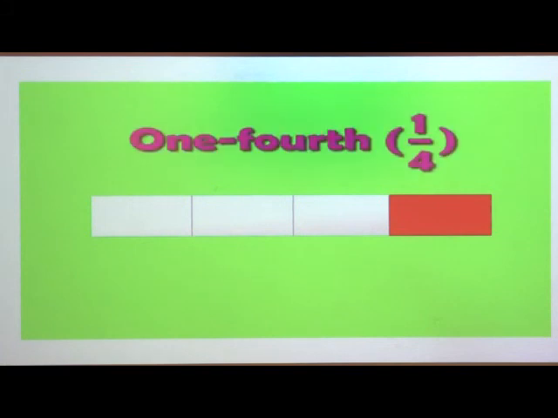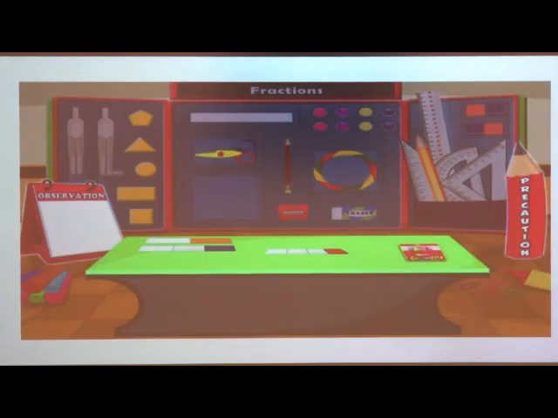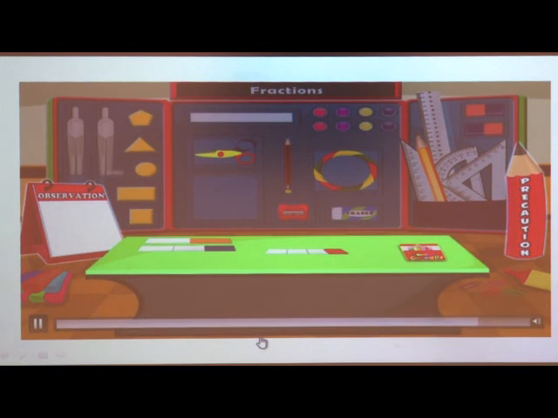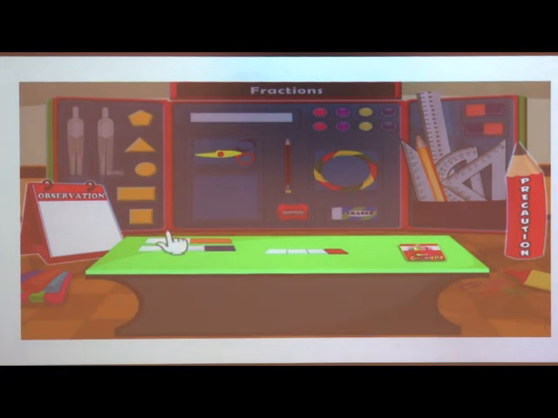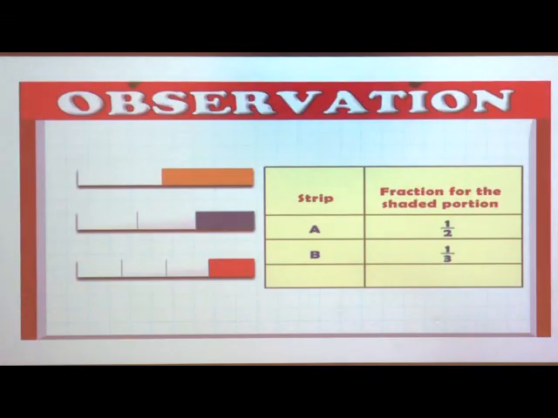Since we shaded one part out of 4, the shaded portion is the 1/4 part of the whole. Let's record our observation in the observation table. Each part of the strip C represents 1/4 of the whole strip.